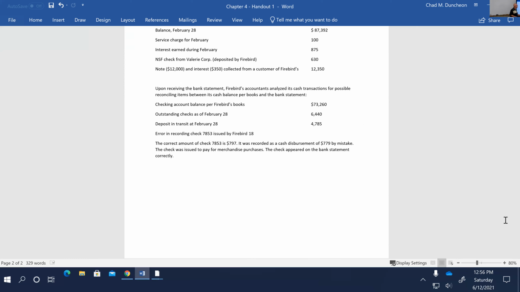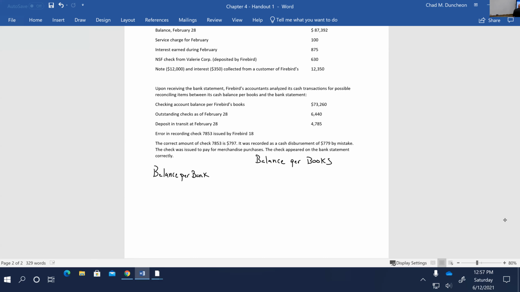Okay, so that is our bank balance that's listed up top here. What I want to do is make 2 columns. Balance per bank, and balance per book. Okay, and I always start with my beginning balance.